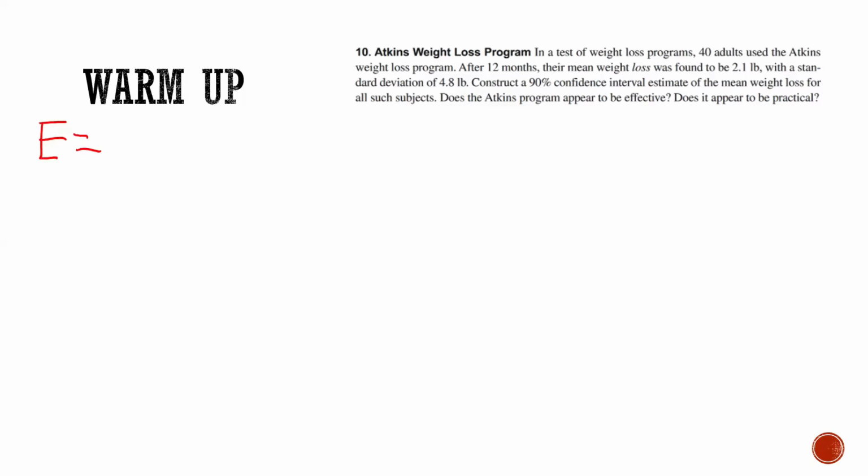Capital E. Yep. Alpha over 2. That means the critical value, right? And then give me the rest of it. Okay, that's right. So, and we know this is a T interval problem because what do we not know?